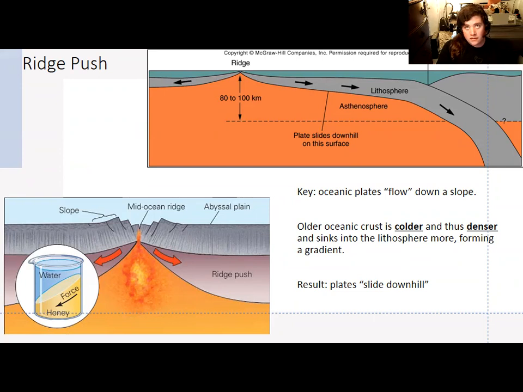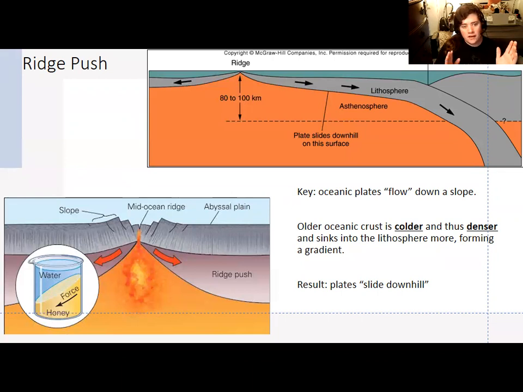And different bits of crust that have different thickness or weight actually sink more or less into the asthenosphere, and that's something we'll talk about in the context of the glaciers found above Antarctica. But the colder, older lithosphere that is farther from the spreading center actually physically sinks more into the asthenosphere. And that creates enough of a gradient for this to actually push the crust away from the ridge, since it is technically downhill.